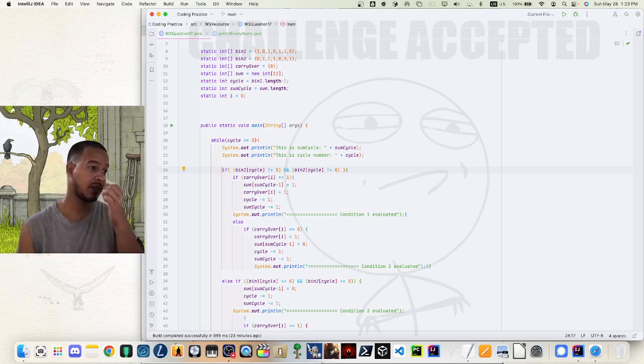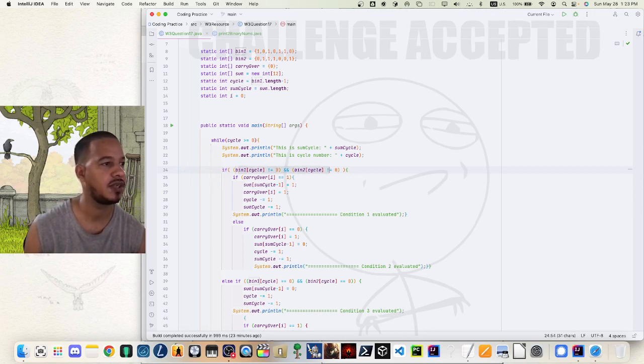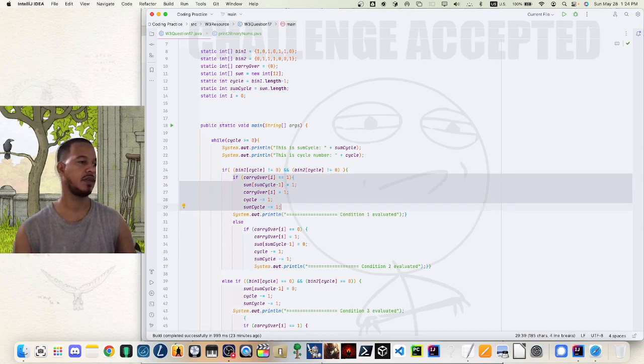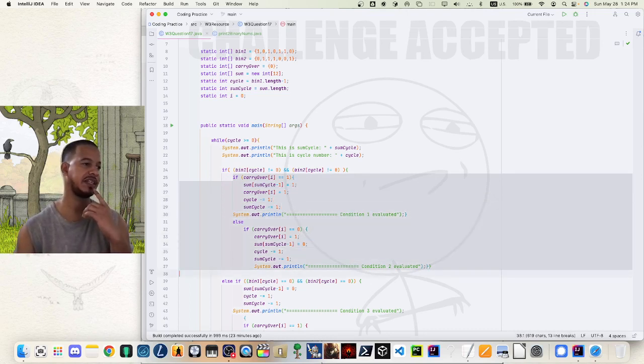It compares the positions, the index among two binary numbers, in line 24, in order to mimic the addition by using logical operations, which are just below the if statement on line 25. What I'm highlighting here are the operations, including the else statements.